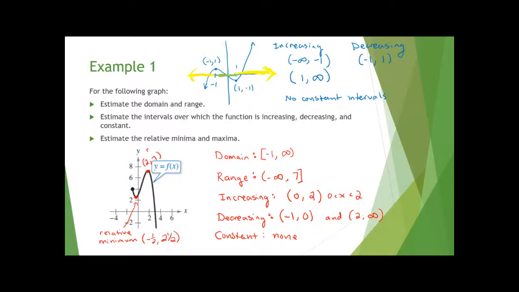So that is both a relative and absolute maxima. I'm going to just abbreviate that as max. So that is the relative and absolute max. And then we have a relative minimum, but that's not the absolute minimum because we do have numbers that are lower than that.